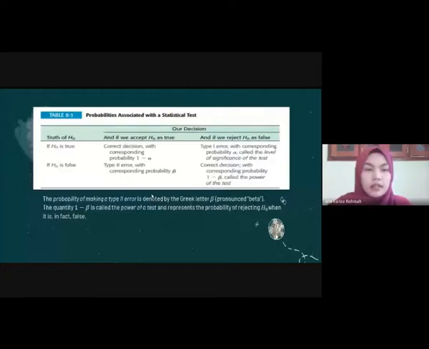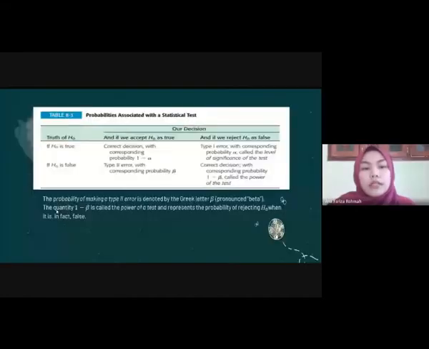The probability of making a type 2 error is denoted by the Greek letter beta, and the quantity 1 minus beta is called the power of a test and represents the probability of rejecting the null hypothesis when it is in fact false.